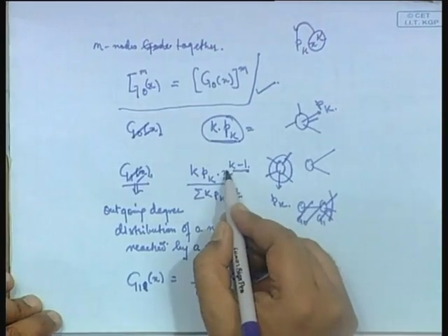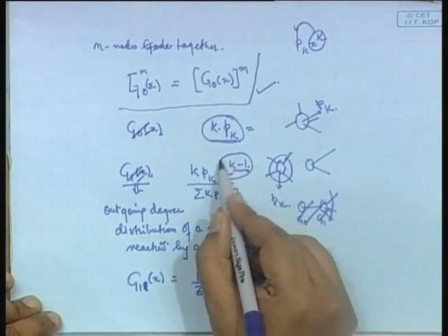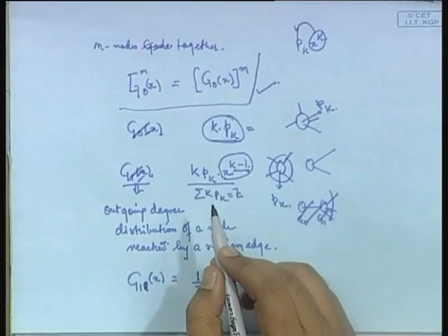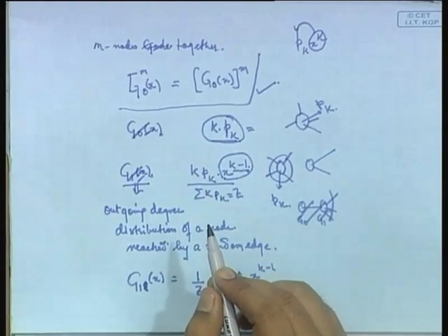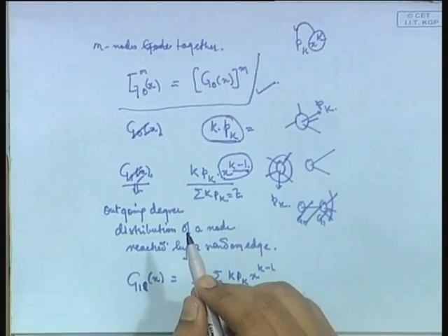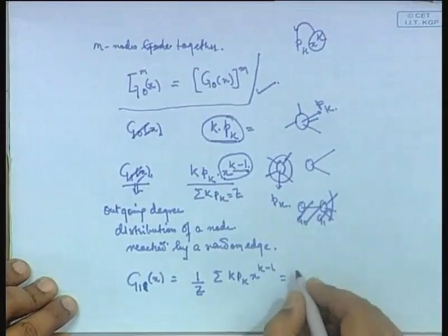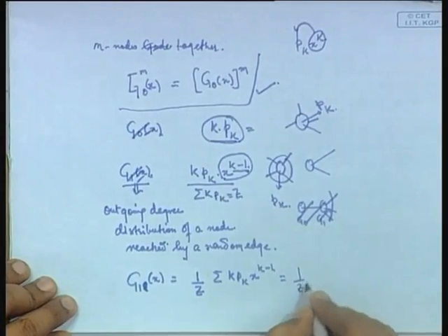So, here in terms of outgoing degree distribution, a k degree node is actually a k minus 1 degree node. So, it is actually representing the property of a k minus 1 degree node, because I am considering the outgoing degree concept. Okay. So, that is why it comes k minus 1.